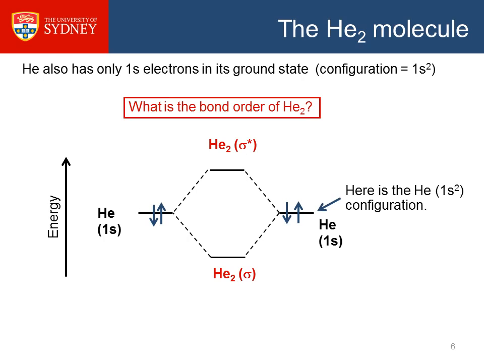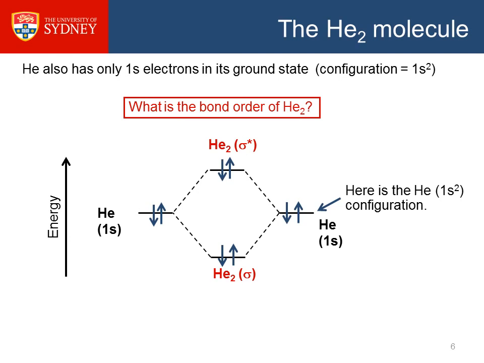We can use molecular orbital theory to rationalize why two helium atoms do not combine to form a molecule of helium-2. The electron configuration of helium is 1s2. Therefore, the hypothetical molecule would have 4 electrons. 2 of these electrons would populate the bonding sigma 1s orbital, while the remaining 2 electrons would occupy the antibonding sigma star 1s orbital.